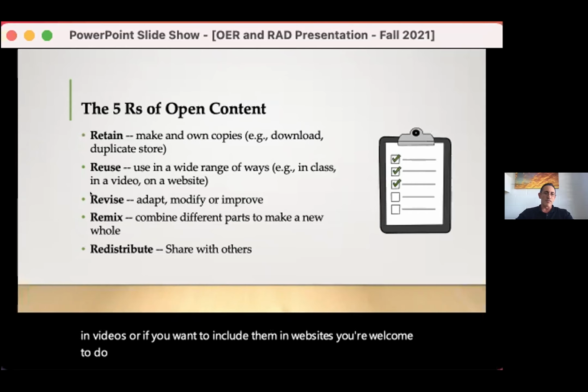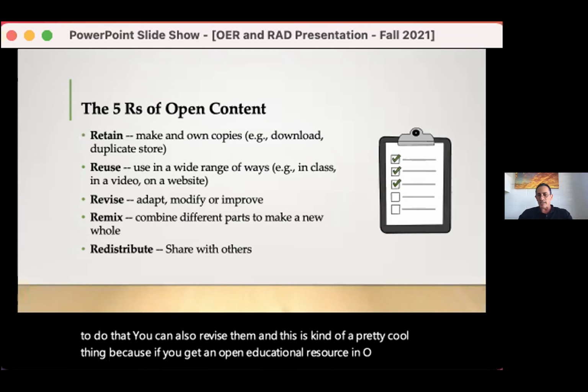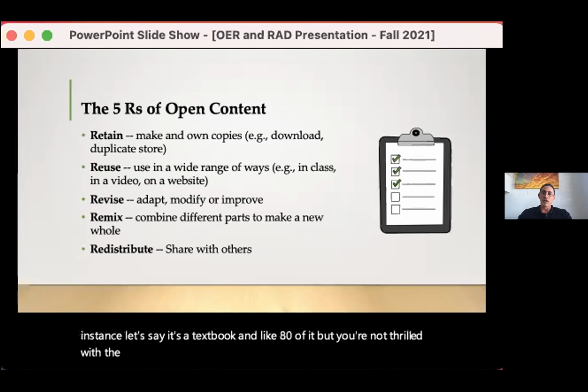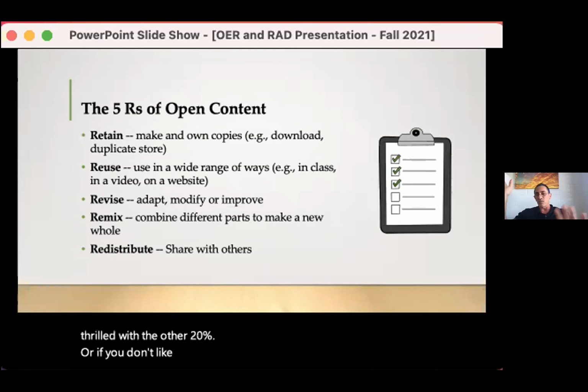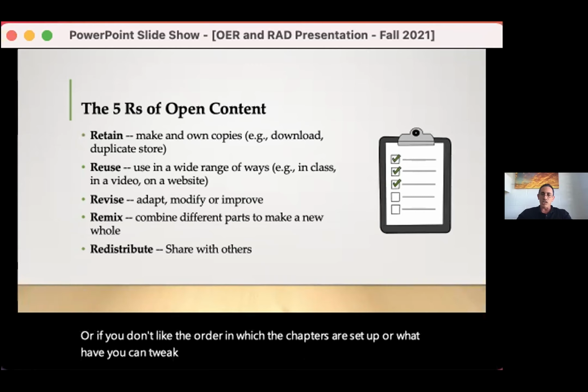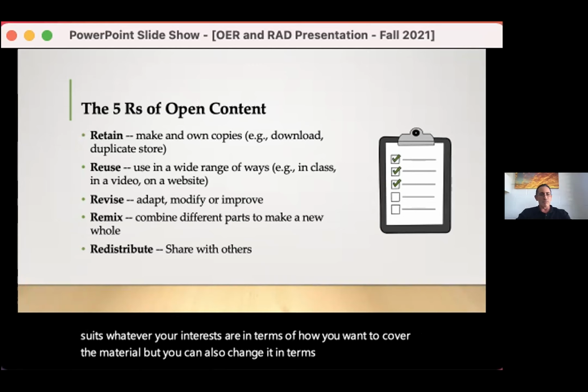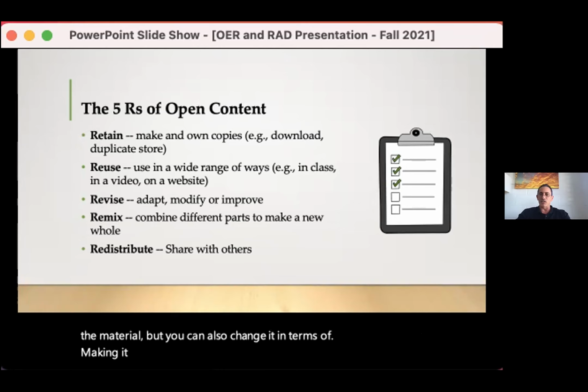You can also revise them. This is a pretty cool thing, because if you get an OER, say a textbook, and you like 80% of it, but you're not thrilled with the other 20%, or you don't like the order in which the chapters are set up, you can tweak it and change it so that it suits your interests in how you want to cover the material, and also make it more customized to your students.